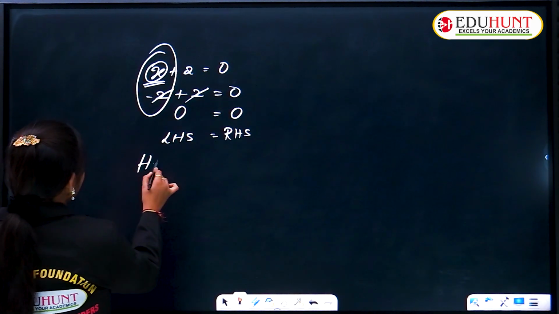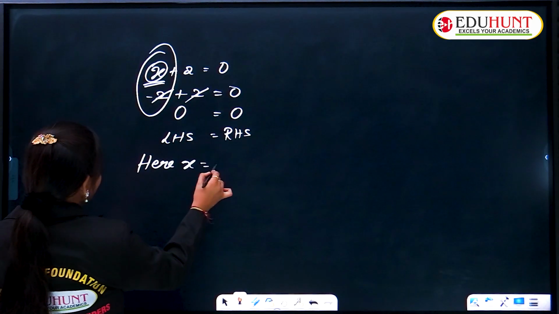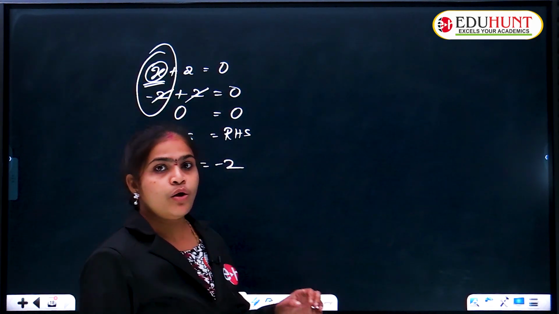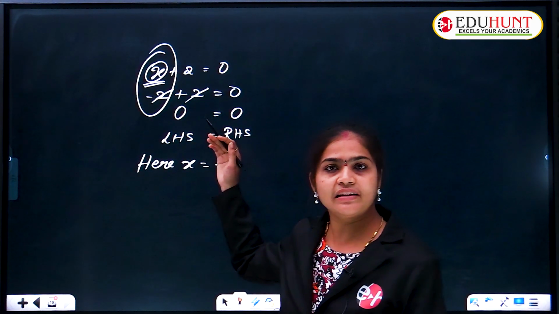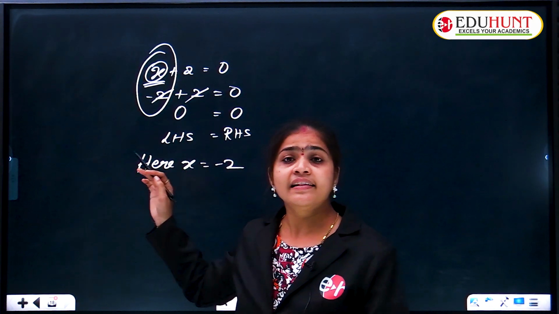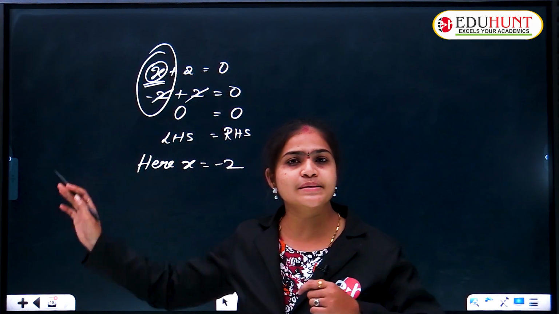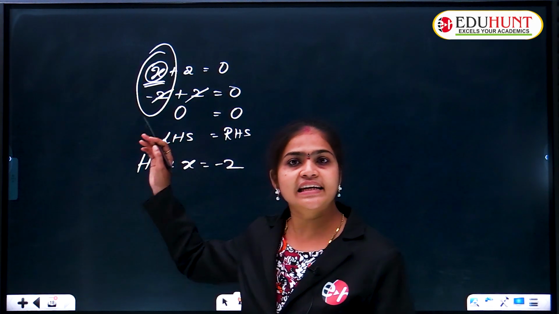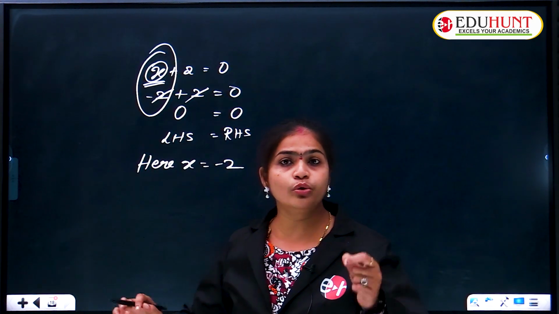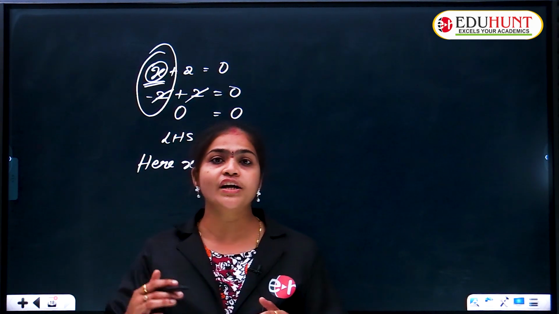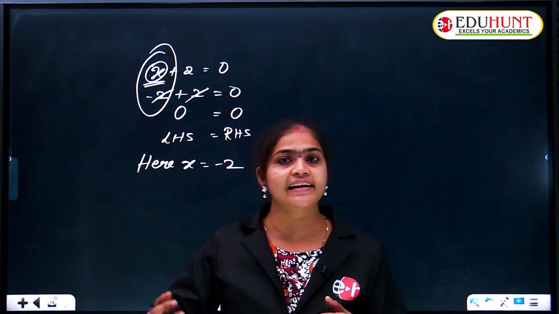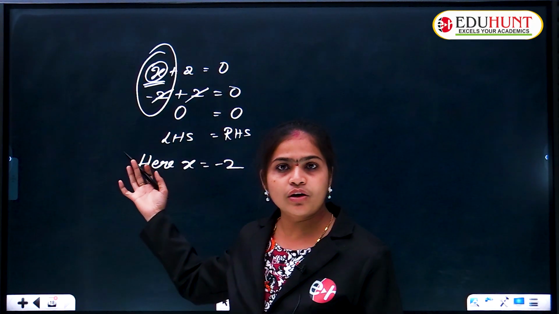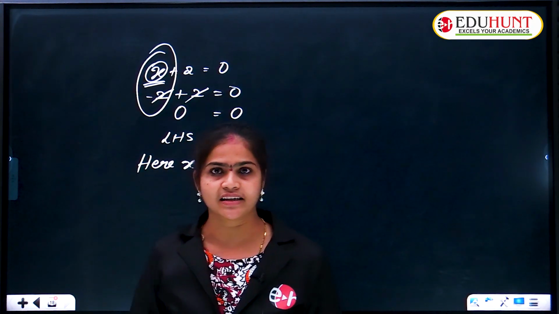Here x is equal to minus 2. What value replaces the variable? The value given for the variable is called replacement. What value satisfies the given equation is called root or solution. What we write at the place of the given variable, that process is called replacement.